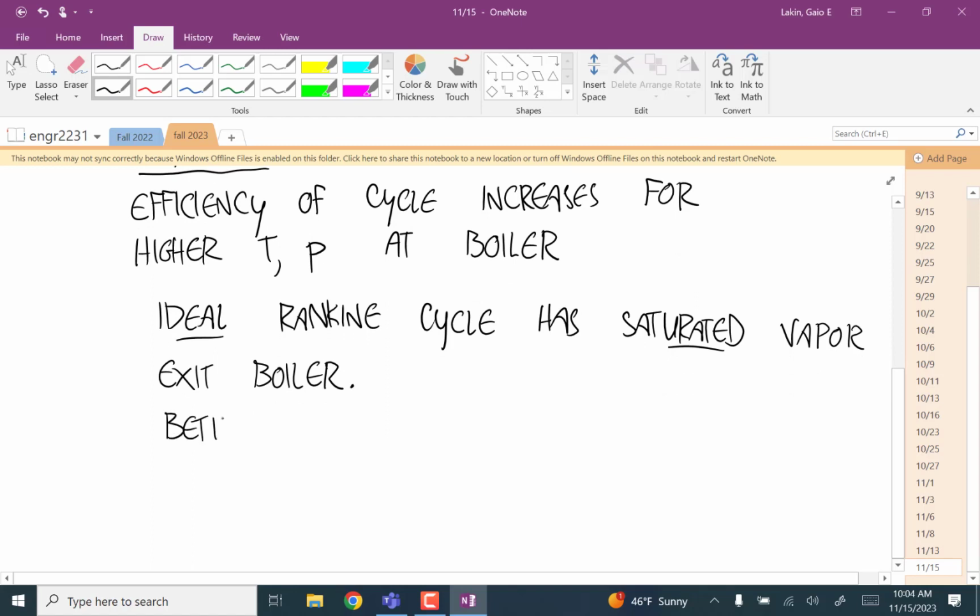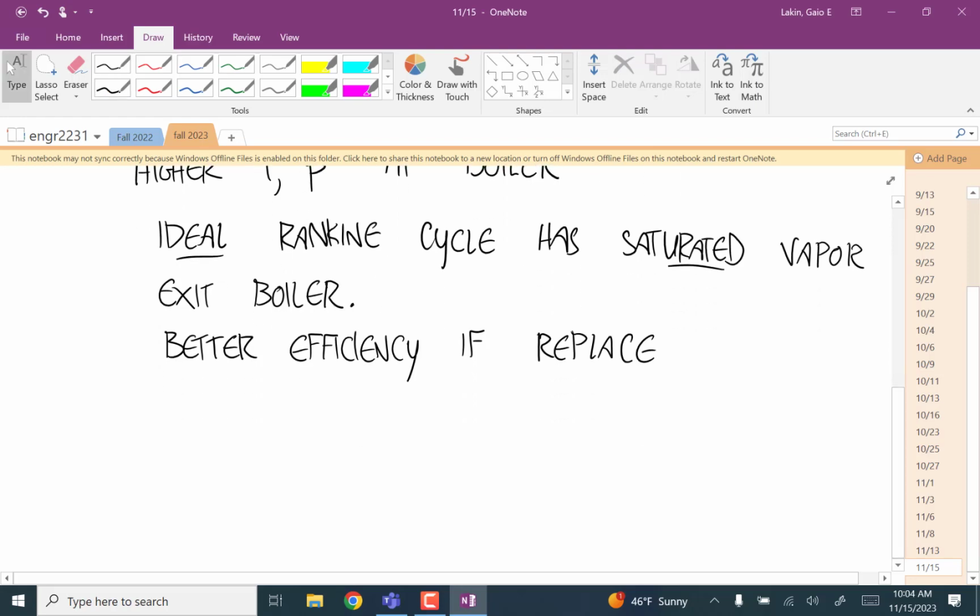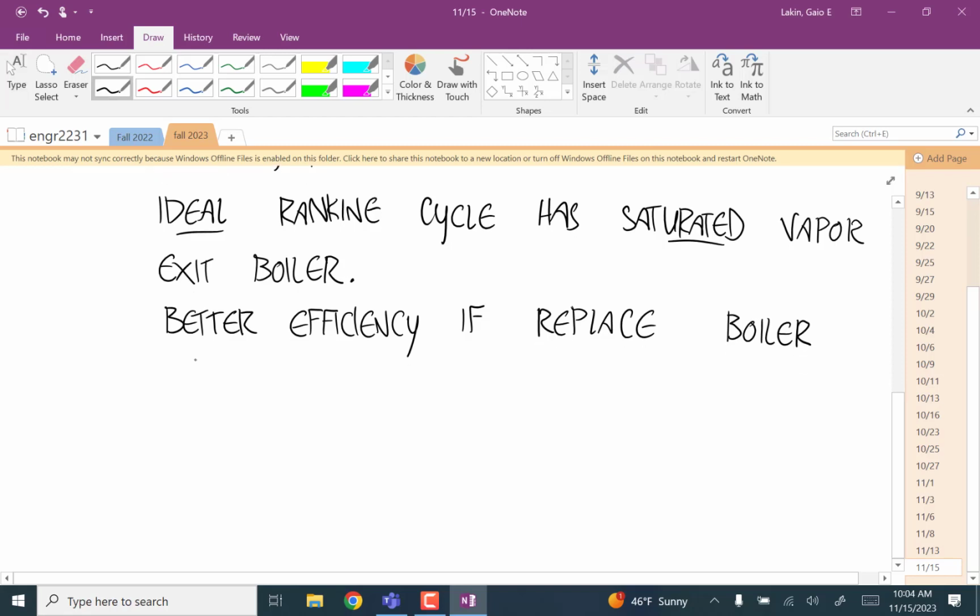But you get better efficiency if you replace the boiler with a boiler and a superheater.